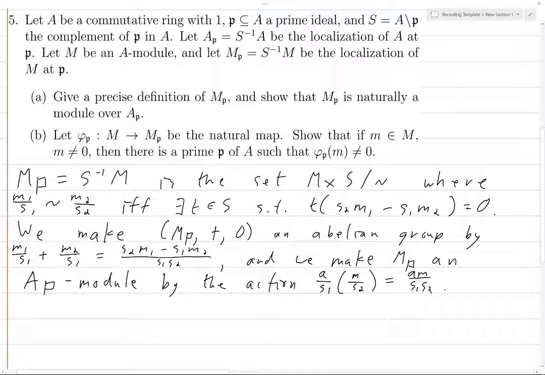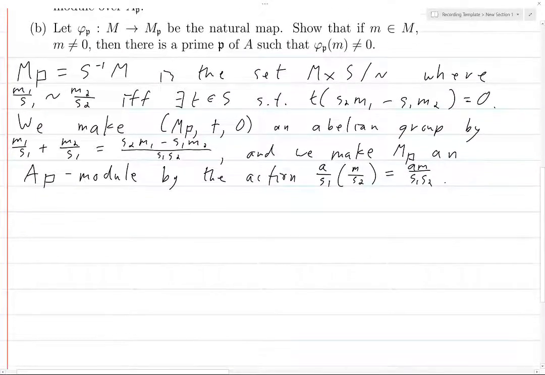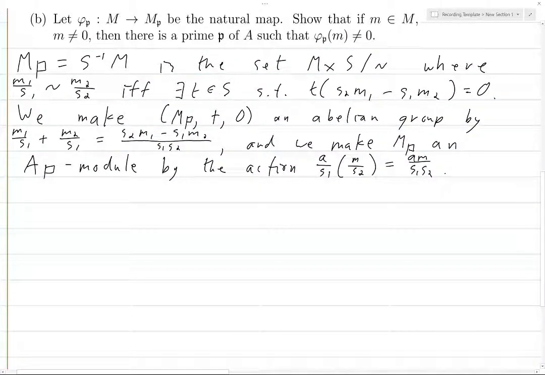And so then the next thing is part B. We want to have phi prime, show that f_m is 0, and so on. So scroll down a little bit. So let m be a non-zero element of M. Here, I'm going to define script A to use for my ideals.